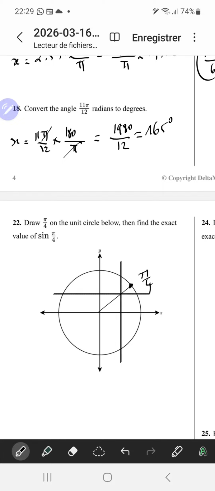Okay. Then find the exact value of sinus. So this is the sinus, and this is my pi over 4.